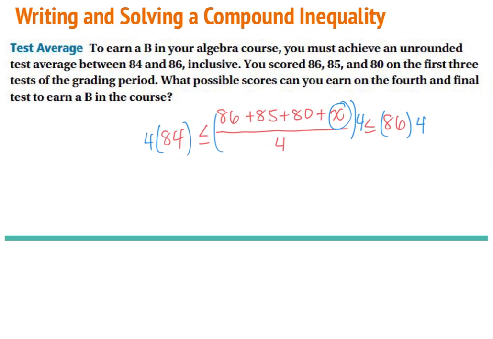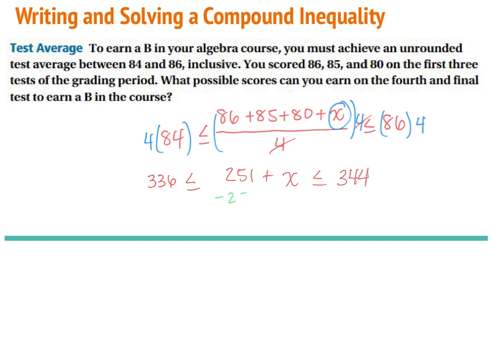And then we're going to get 4 times 84, which is 336, is less than or equal to 85 plus 86 plus 80, which is 251. Remember, these 4s are canceling, plus x is less than or equal to 86 times 4, which gives us 344.